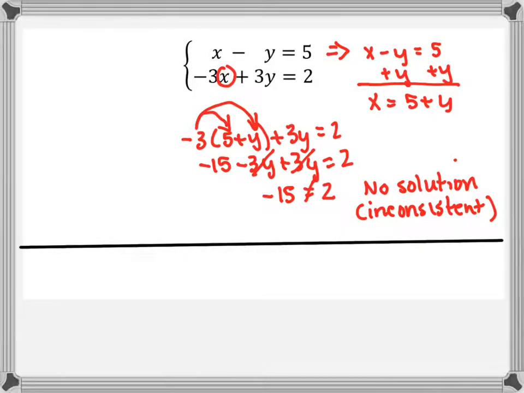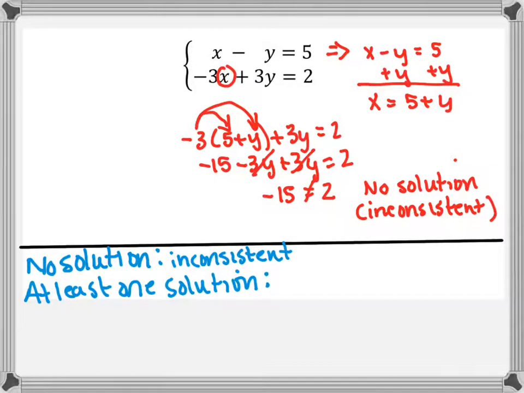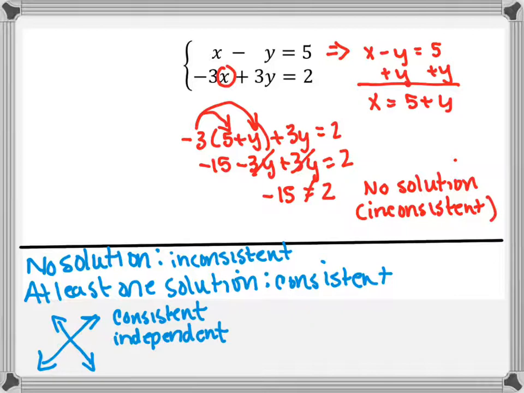So just to review those math terms, if I have no solution, a system is inconsistent. If I have at least one solution, which means I could also have an infinite number, then my system is consistent. And if I were to look at the graphs of my equations, so if I had a system, like on the previous slide, where my lines, if I graphed them, intersected in a point, that means I would have a consistent independent system.